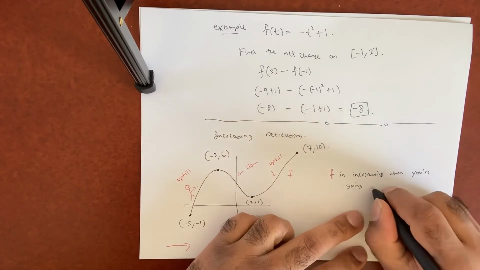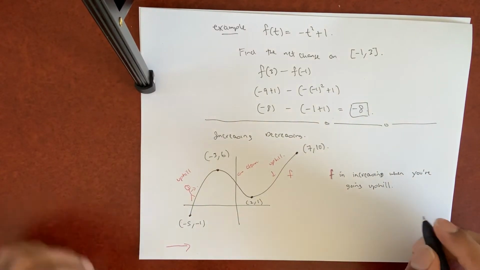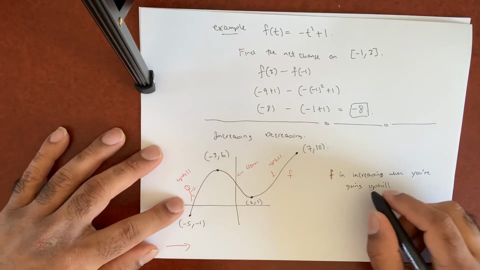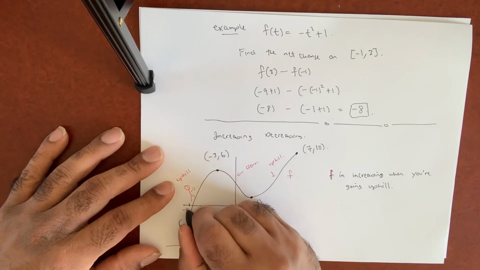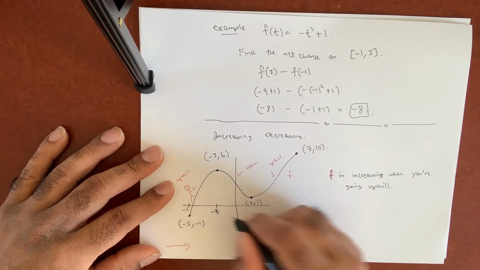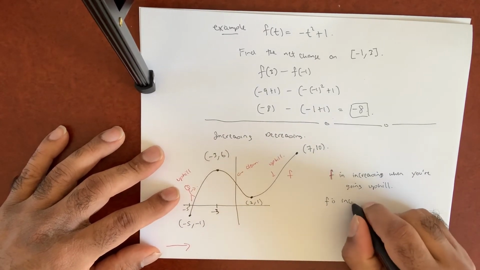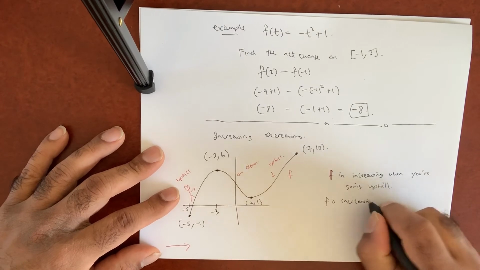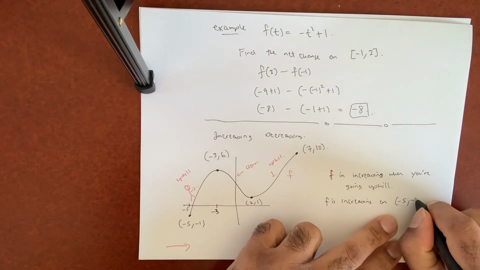I know this is a very non-mathy definition, but it's sufficient for now. Where is it increasing? We look at the x values. The x value right here is -5. The x value right here is -3. So we say f is increasing on the interval -5 to -3.